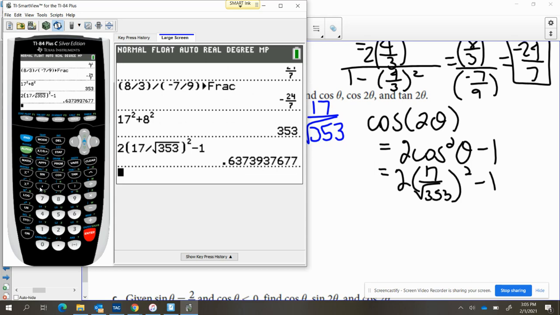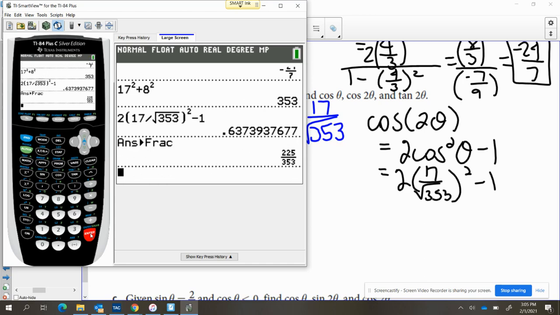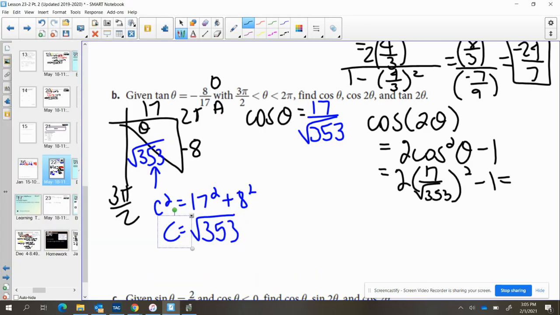You get a fractional value, but it's again a little bit nicer than what we would have had before. So 225 over 353. Now, in my notes, personally, I actually did find the sine and used 1 minus 2 sine squared, and I got the same answer. So it just shows you can use any of the 3 for the cosine of 2 theta and get the same answer.